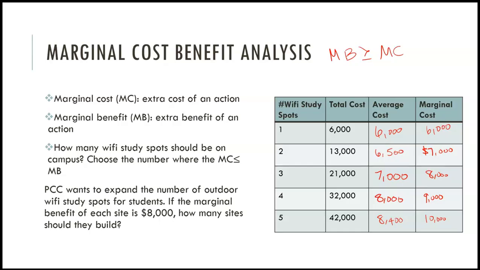Now, in this case, our marginal benefit is $8,000 per spot, right, per Wi-Fi spot. So we want to find on our chart where the marginal cost is $8,000 or less. So we go over here to this chart and we see that that's going to be right here at 3 Wi-Fi study spots.